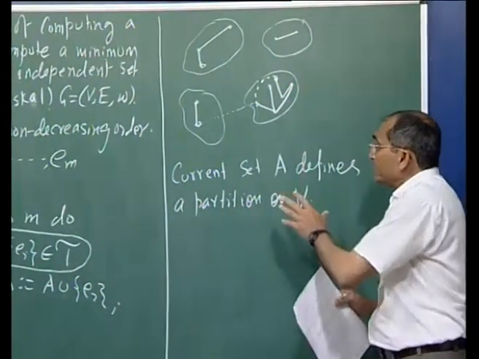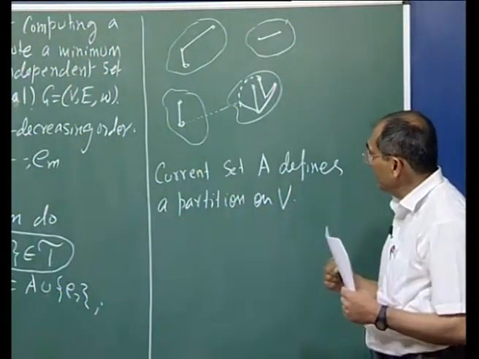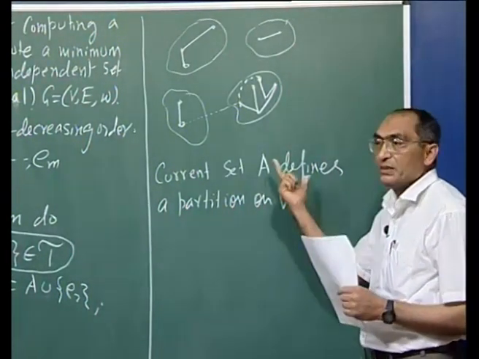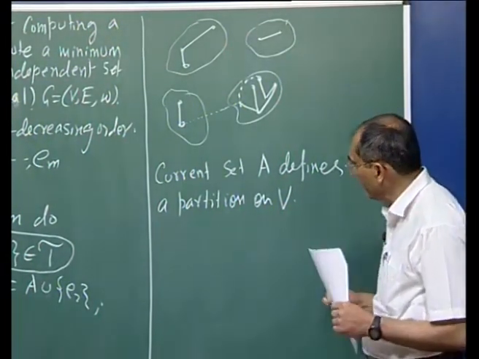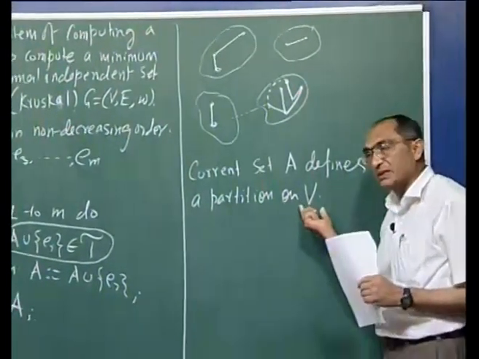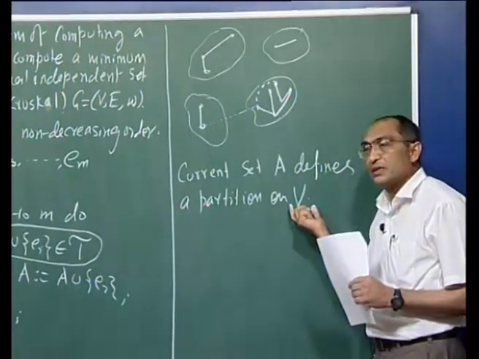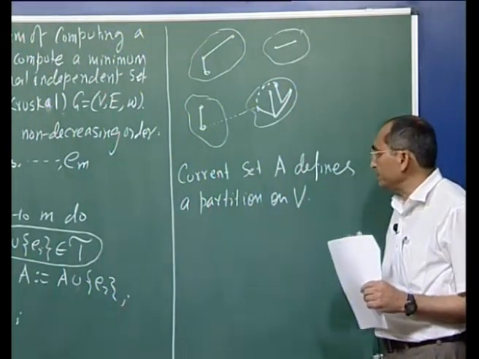So we have to have a data structure which can store a partition of V, and when asked whether the given two vertices belong to the same partition or to different partitions, it should be able to find out the answer to that question.